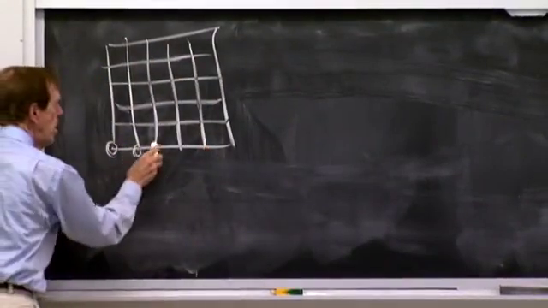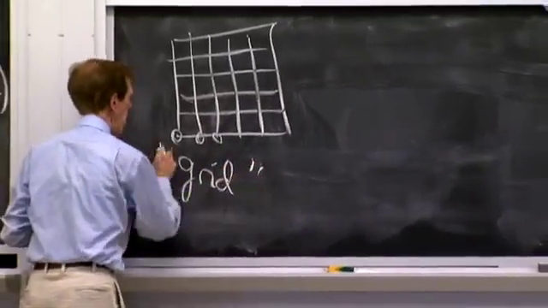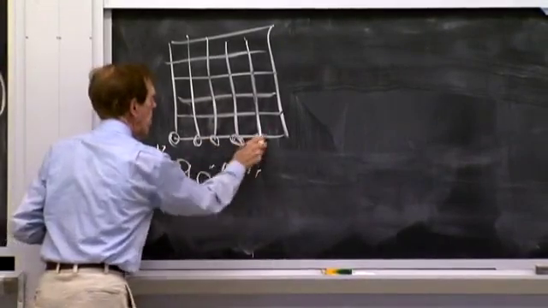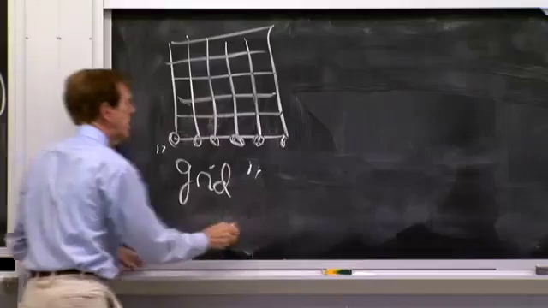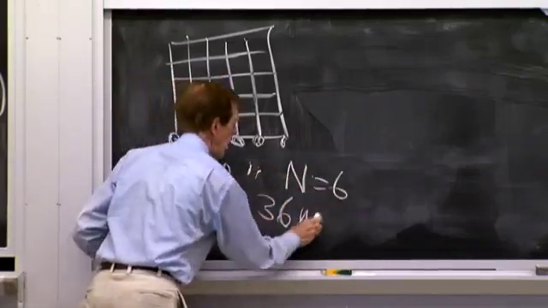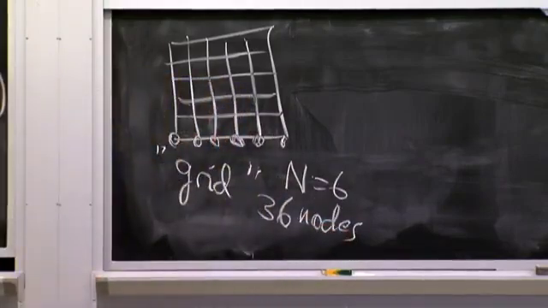These would be the nodes. So this is a grid. I meant to draw them all in, but I won't. N squared. So n is 6, and I'd have 36 nodes. And you can see the edges in there. Yeah, so that's the graph I have in mind.